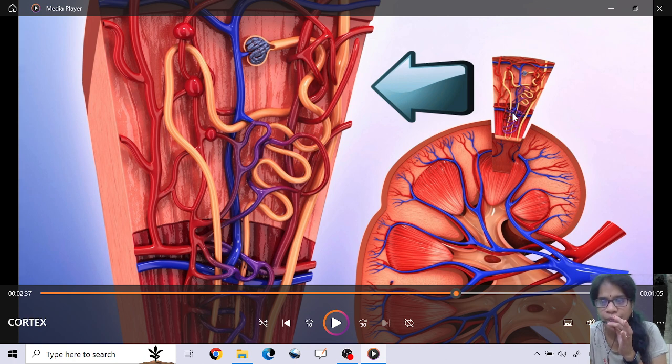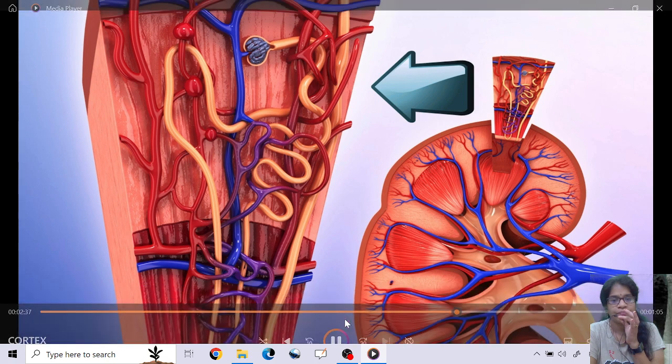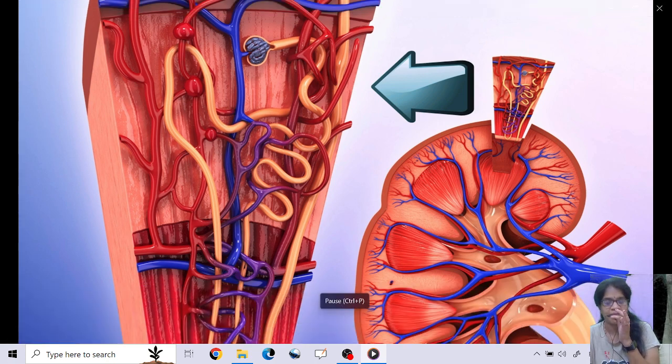If you cut open the lateral longitudinal section of your kidney, this is how it looks. I told you these are all the renal pyramids, which contain many nephrons, and they have taken the longitudinal section showing the renal capillaries. A beautiful diagram for you to understand.